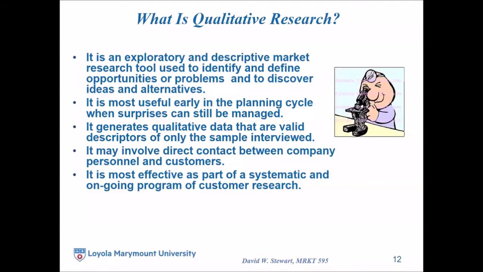What you get is data that's not numeric, it's qualitative. That's why it's called qualitative research. It's descriptive. It tells me what people said they like and don't like about a particular product or service. It tells me how they evaluate quality.